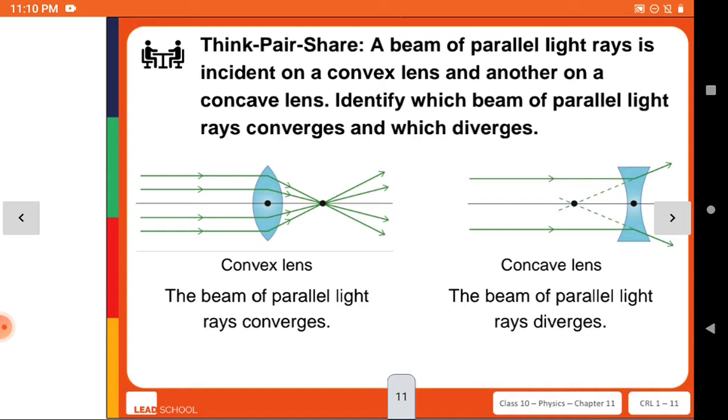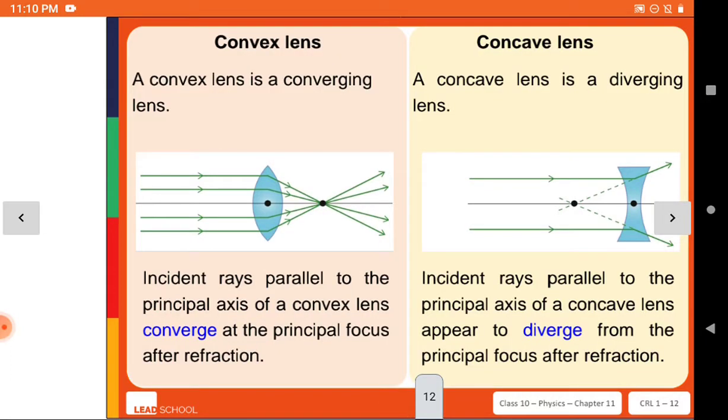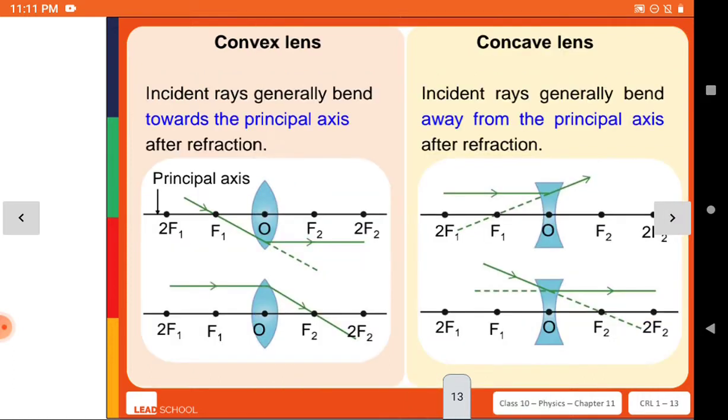First is the convex lens and second one is the concave lens. So these are ray diagrams of how rays converge and how they diverge. After that, some important image formation.